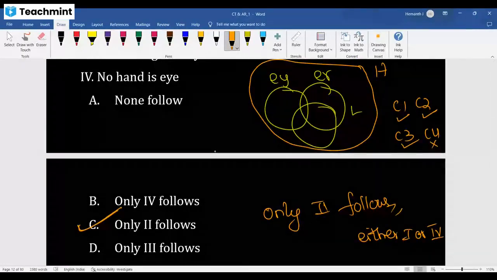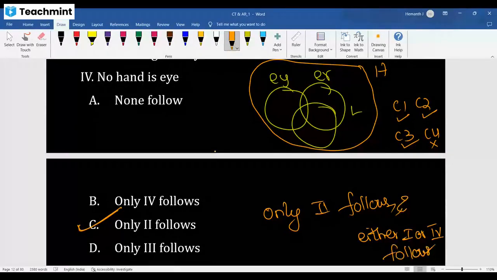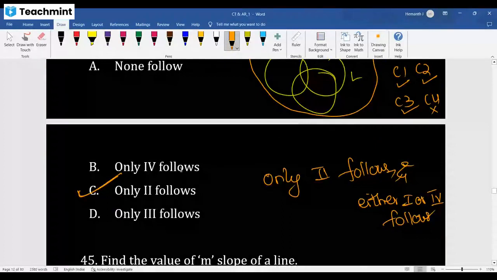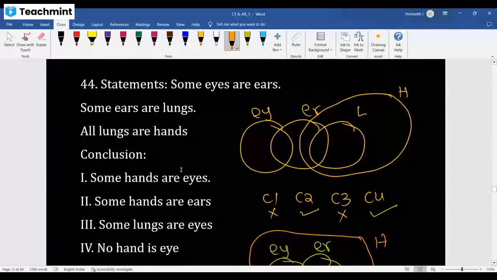In fact, if they give an option like 'only 2 follows, either 1 or 4 follows', that is the correct answer. 2 is definitely true, and one among 1 and 4 is true. Some eyes are ears, some ears are lungs, all lungs are hands. C2 is correct, not C4.